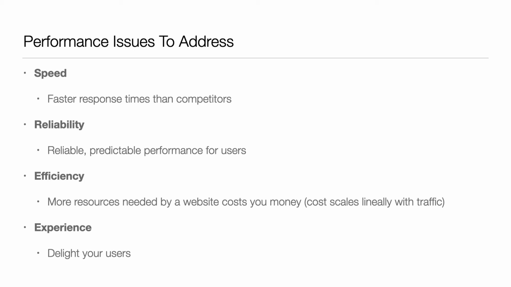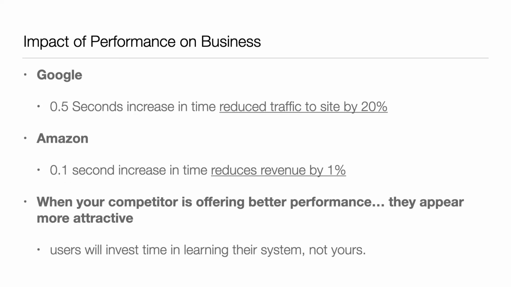So why are these important to a business? Well, a business like Google says that a half second increase in time reduces their traffic to the site by 20%. So if you are giving your search results slower, fewer people will use your website, which is a search engine. You're going to miss out on your revenue, which is advertising.